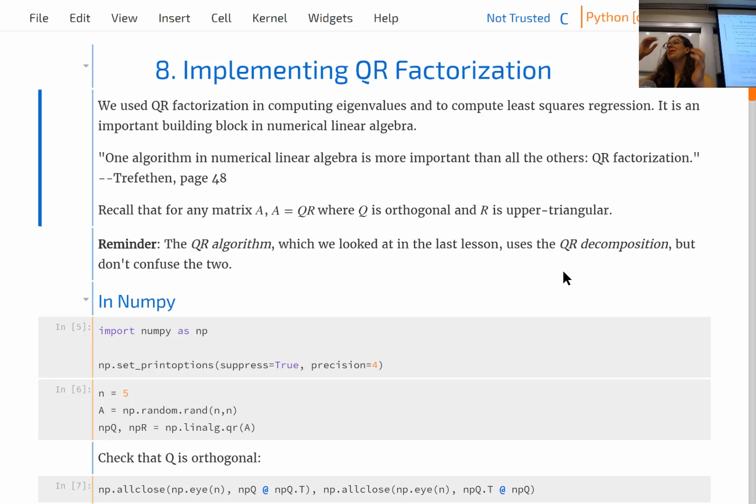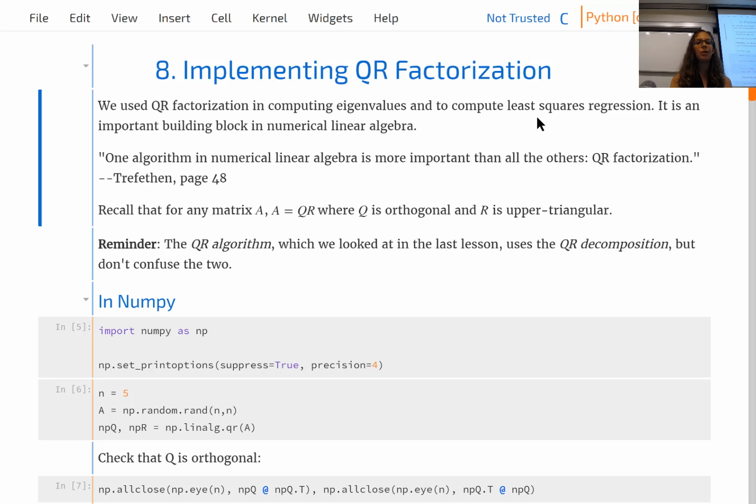Okay, so now we're going to start notebook 8. This is exciting, the final notebook. We're going to learn how to implement the QR factorization, which is something we've been using for most of the course. You'll remember we used it just now for computing eigenvalues.